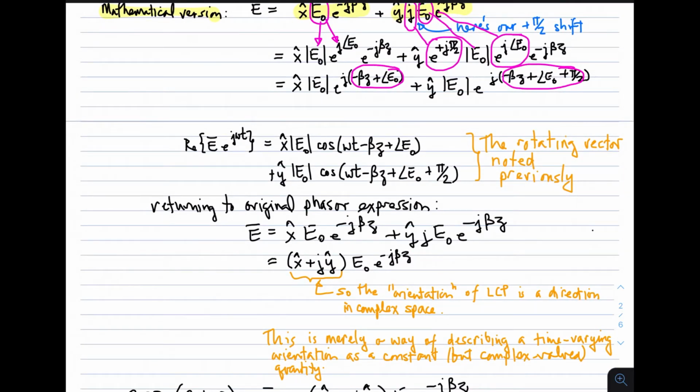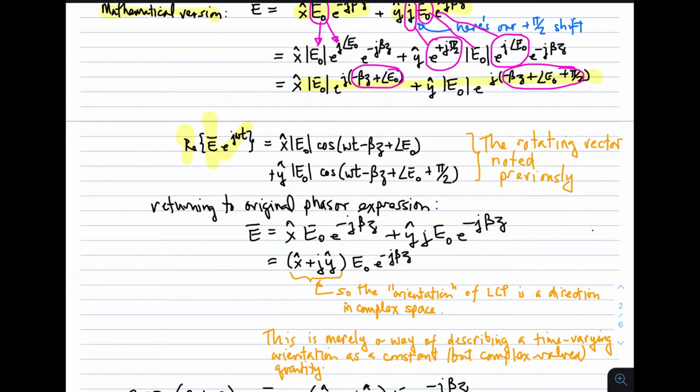And then to see what the field actually looks like, the real valued physical field, we take this electric field expression, the one shown here, which is a phasor quantity, and we convert it back to the real valued physical field by multiplying by e to the j omega t, and then taking the real part.